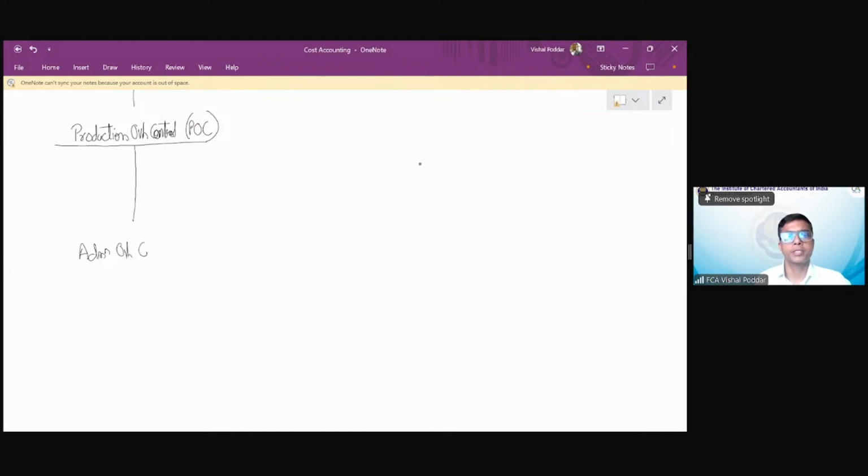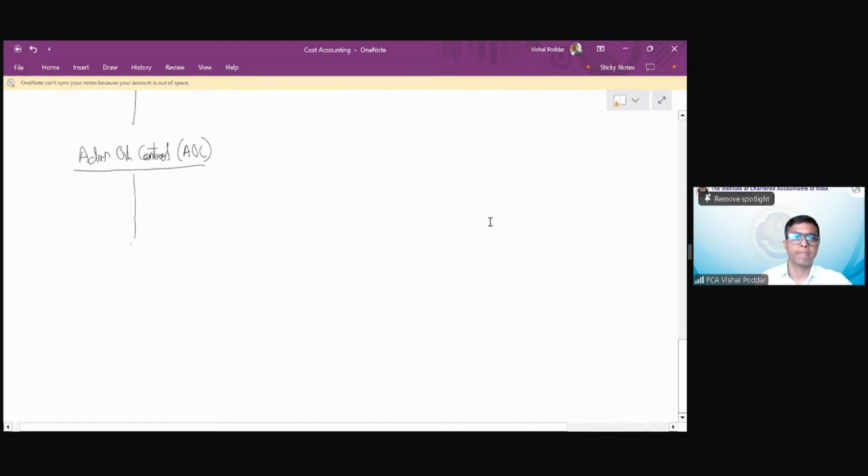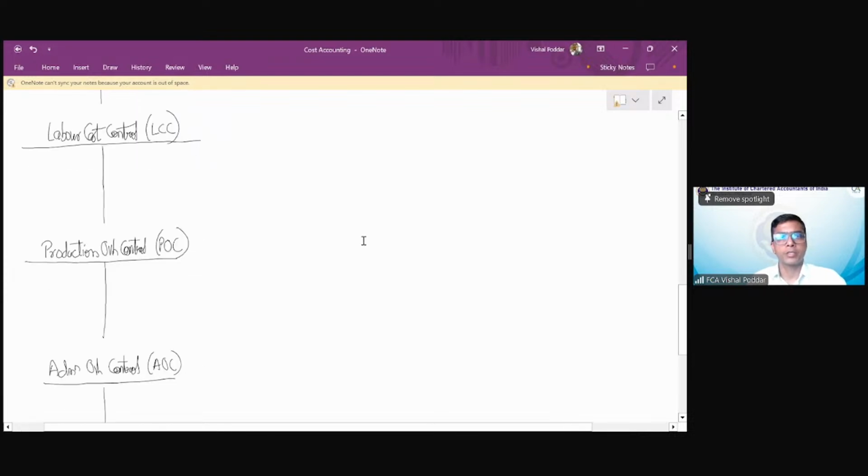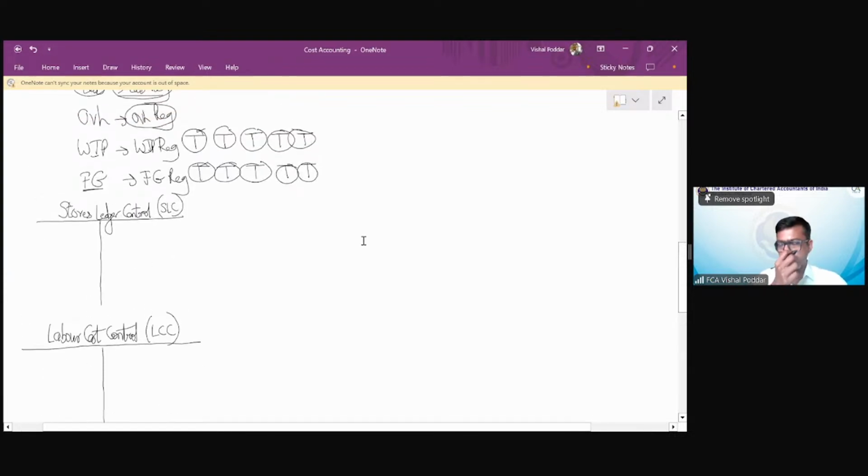Administration overheads control, AOC. Same. Selling and distribution overheads control, SNDOC, or you can simply give any short form, SNDC also you can give, because short forms you have to decide. There is no standardized list of short forms; you can give as per your choice.